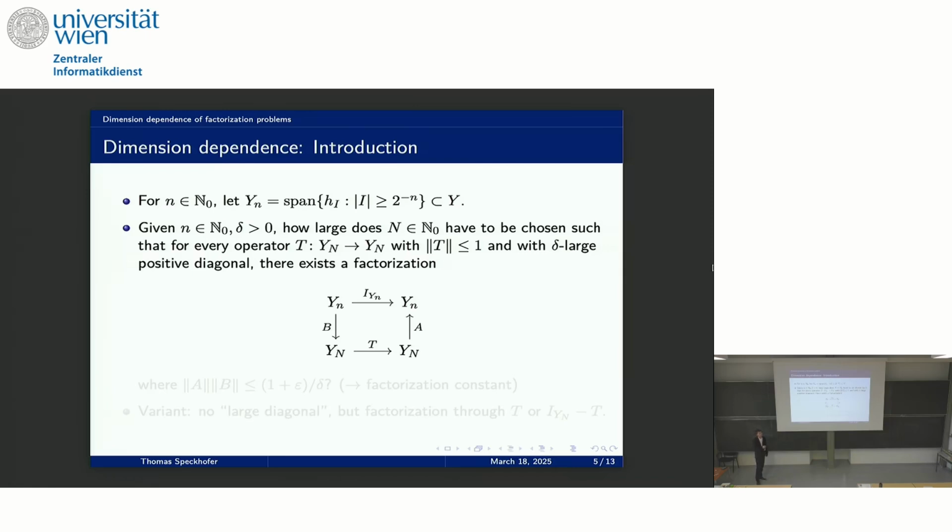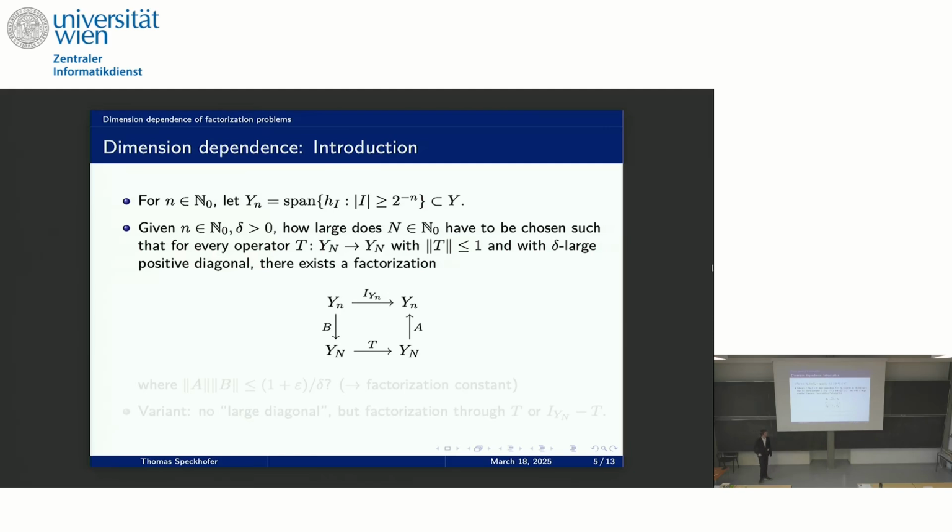So this means that if you view T as a matrix, so you take its matrix representation with respect to the basis, then the diagonal entries should be positive and at least delta. For every such T, there should be a factorization of the identity on the smaller space, Y_n, through the operator T on the larger space.